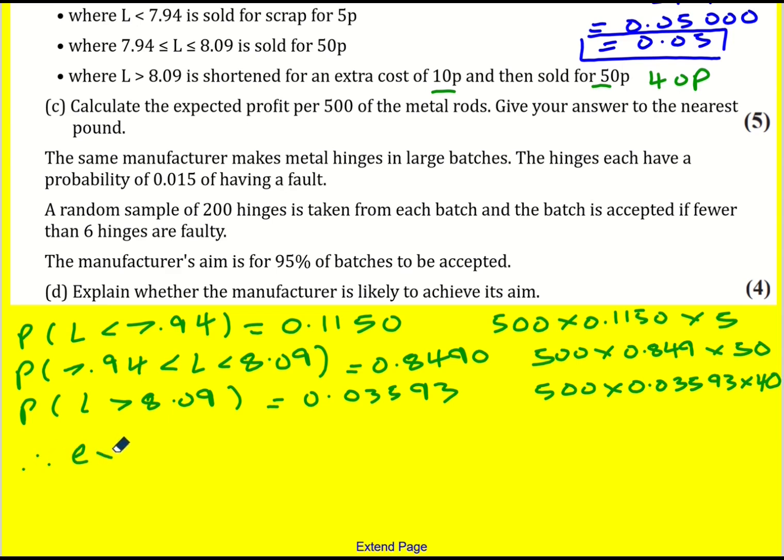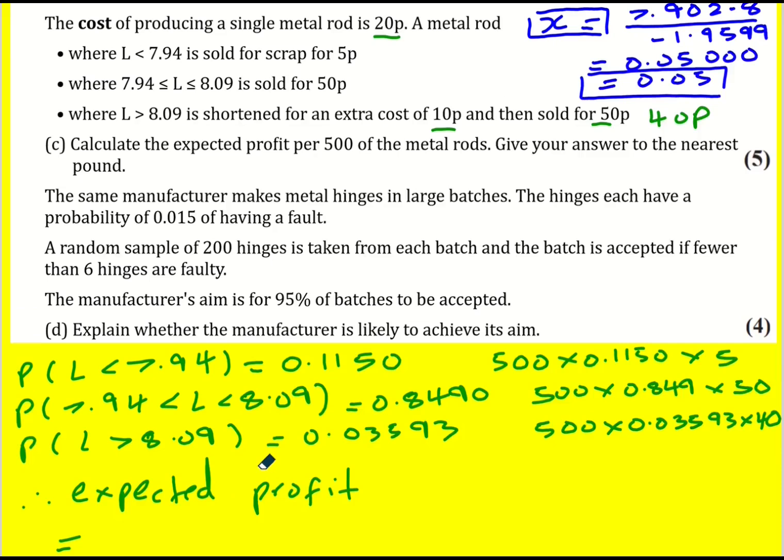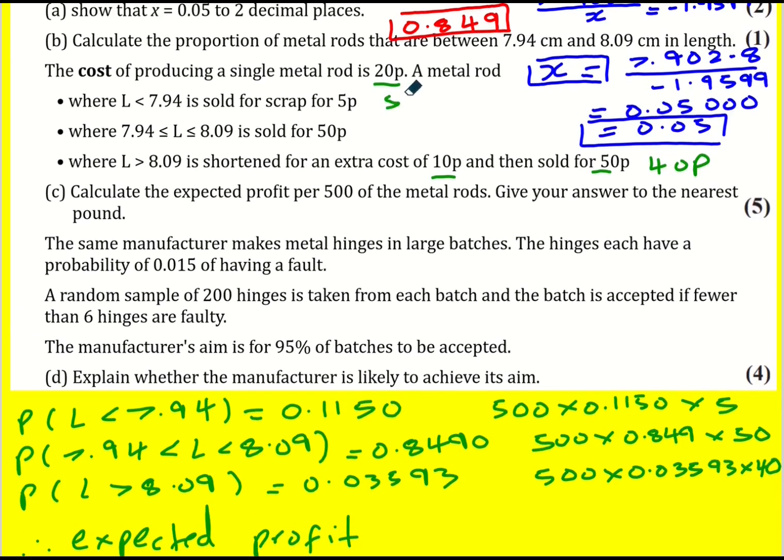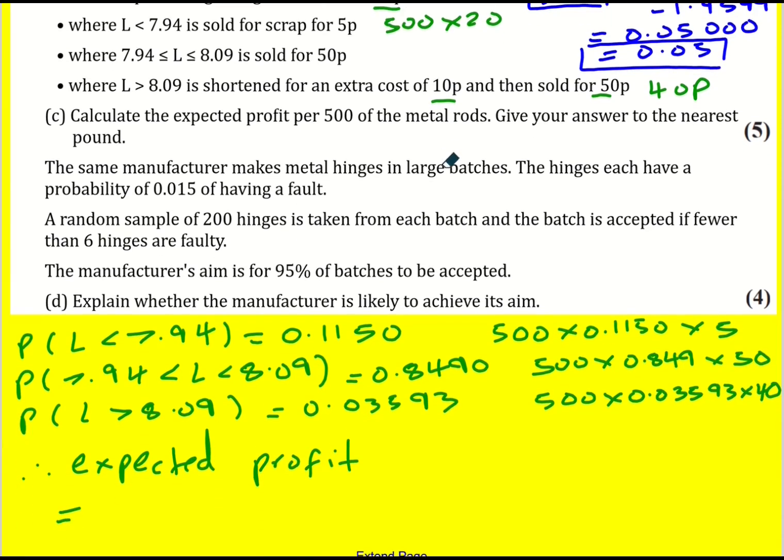And therefore, expected profit is going to be these added together, and then I'm going to minus the cost. What did it cost us? 20p, so 500 times 20 is what it's going to cost us.